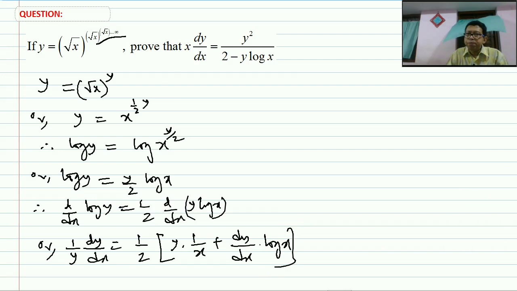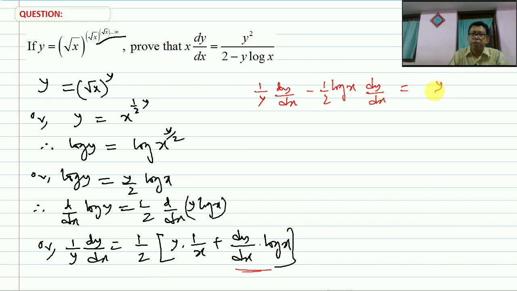Now you may transfer this to the other side: 1/y dy/dx minus this dy/dx term will be transferred to the left, so half log of x dy/dx, and on the right side it is y divided by twice x.